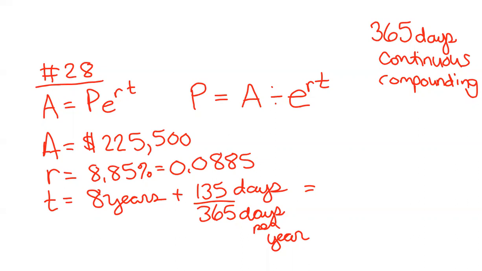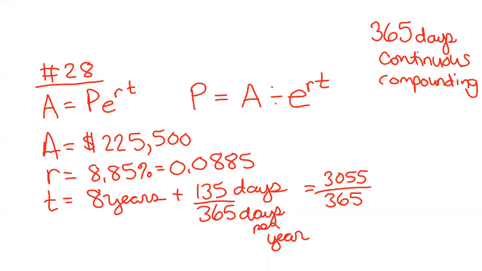I usually like the improper fraction. So 365 times 8 plus 135 gives me 3055 over 365. Let's see if this is a decent number. It is not, so we'll just leave it in fraction form.